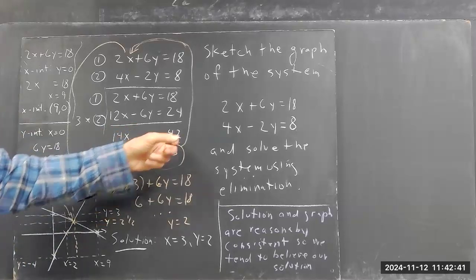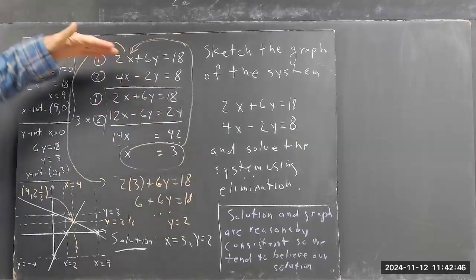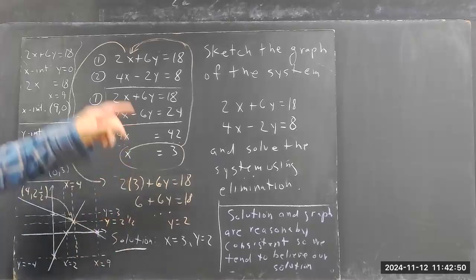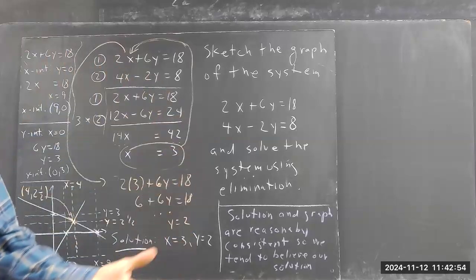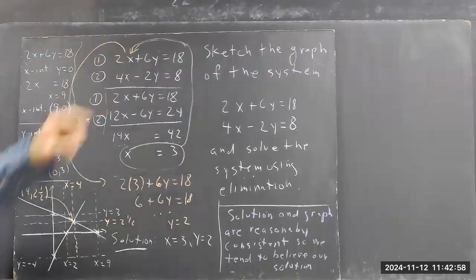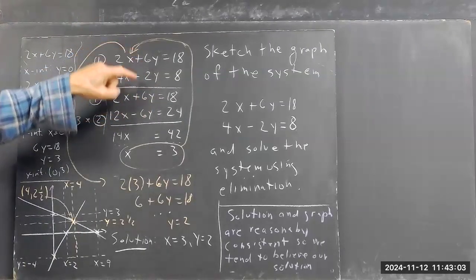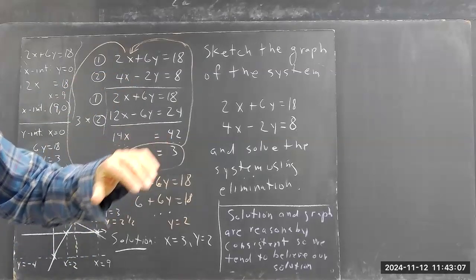If you get 0 equals 0 here, that means that this entire equation was a multiple of this entire equation. If you're going to get the same intercepts, you're going to get the same slope. If you solve for y, you're going to get the same thing from this equation that you would from this. It's clearly not going to happen on this equation because you got a plus here and a minus here. There's no way they can be parallel. They are going to meet.